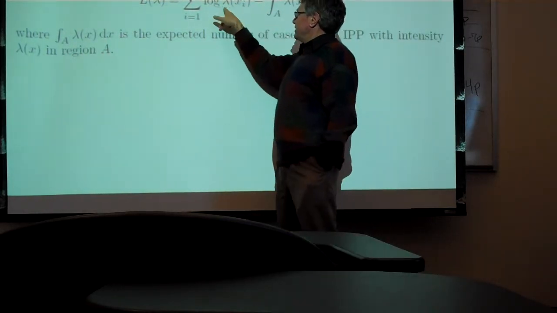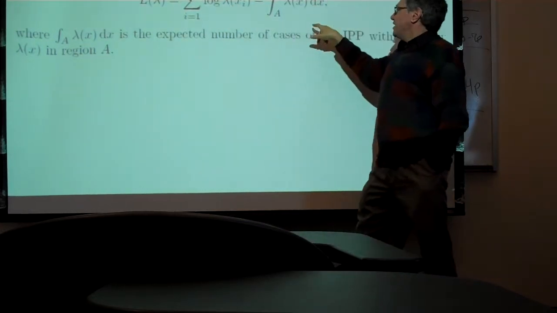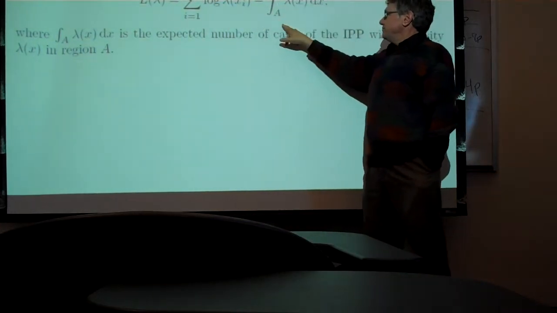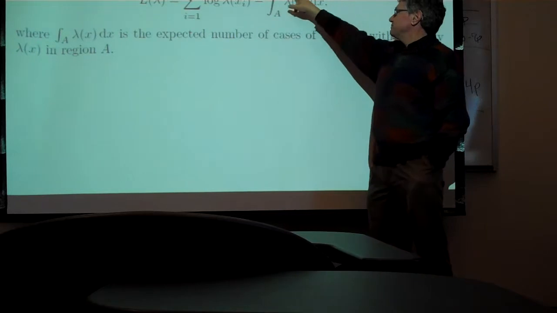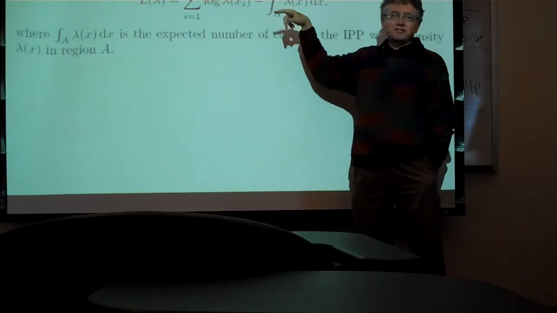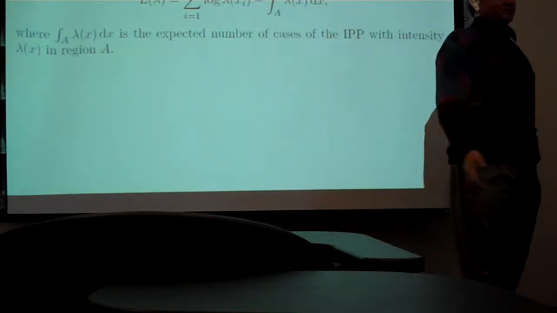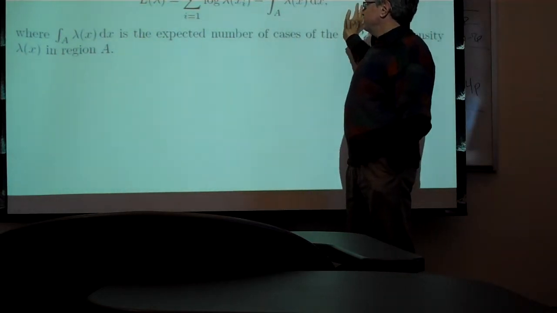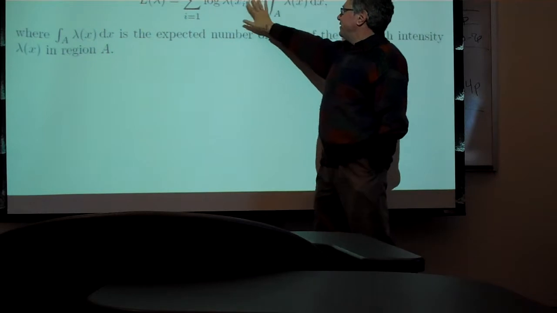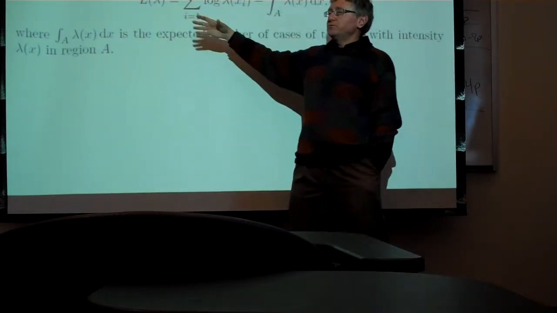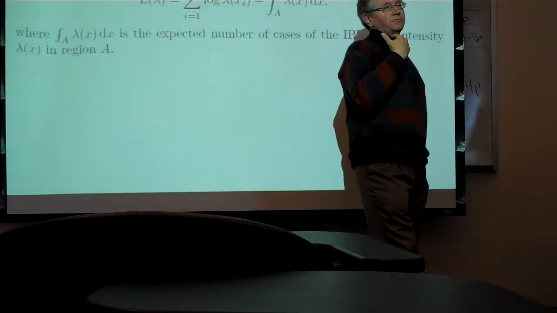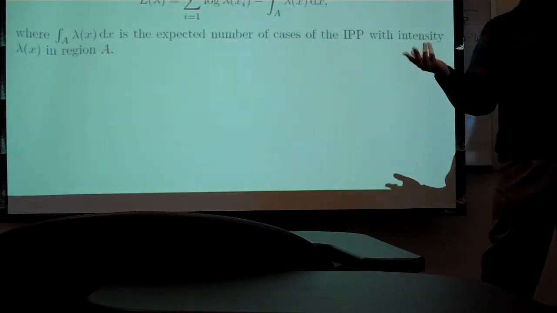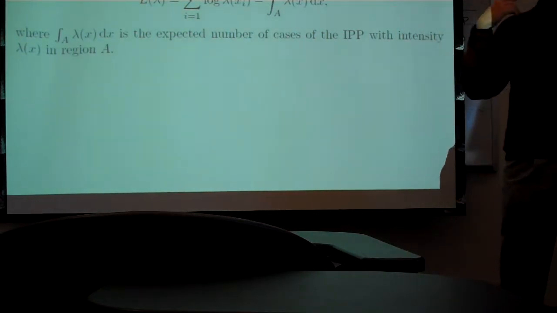You calculate those values where you observe the data, and then you have the constant of integration, which gives you the average predicted lambda across the whole region. Then this formula gives you the likelihood, and we simply adjust the parameter estimates until we get the maximum likelihood.